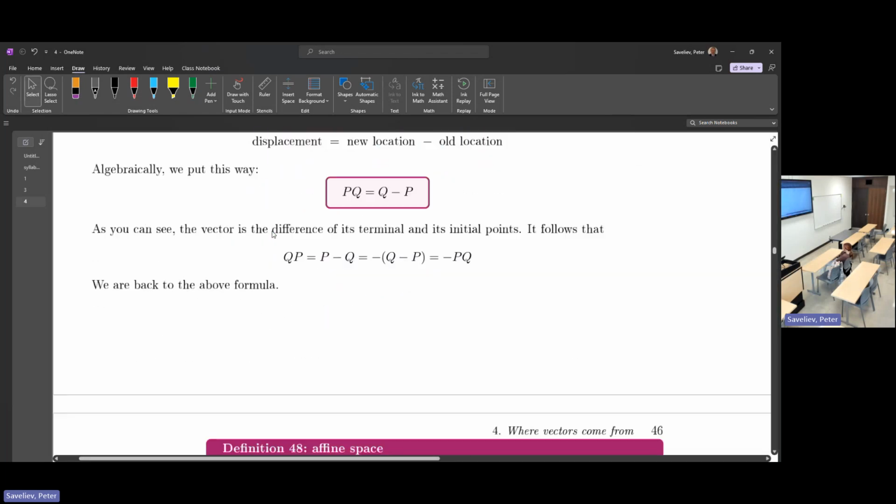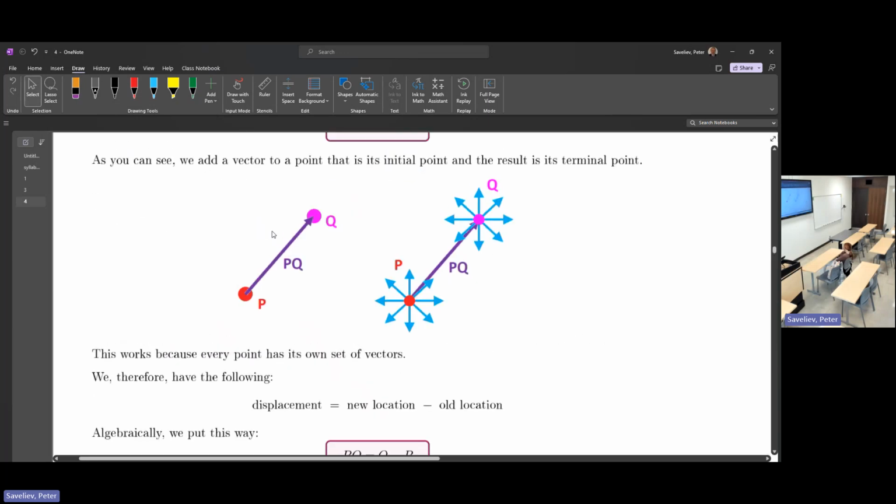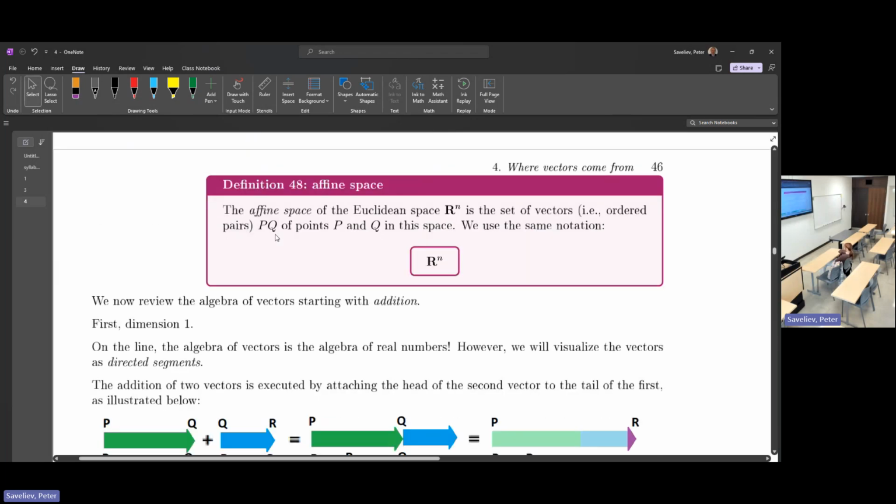There is no loss there. If every point has a collection of vectors, infinitely many vectors in all directions, then we would call it the affine space. And if not, we call it a vector space.